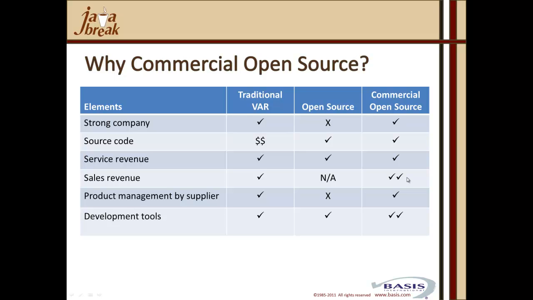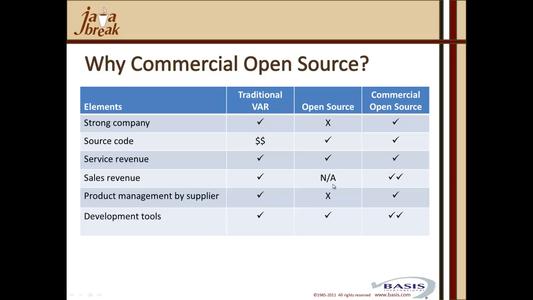Commercial open source, as the name suggests, still has a commercial value. There's a street value that is associated with it, and in addition to that, there is an opportunity to increase one's margin. So depending upon your contribution to the project, instead of having margins that may range from 20% to perhaps at the high end of 50% margin in the traditional VAR channel, here you have the opportunity from your contributions to earn up to 100% margin on the sale of the product.